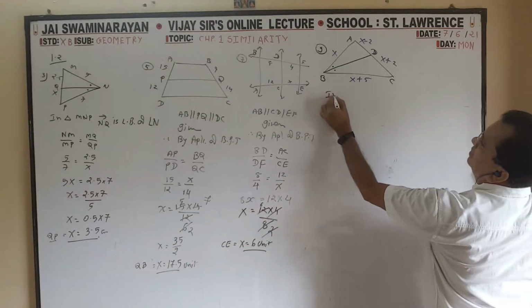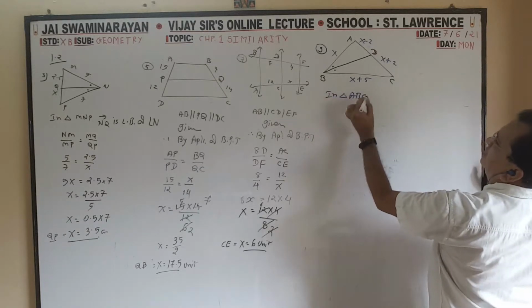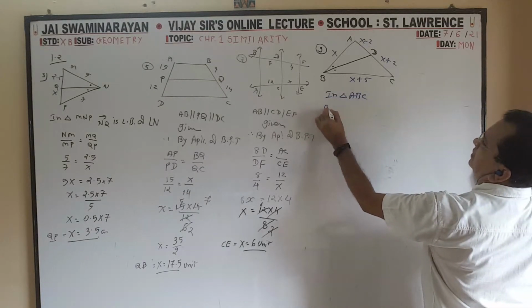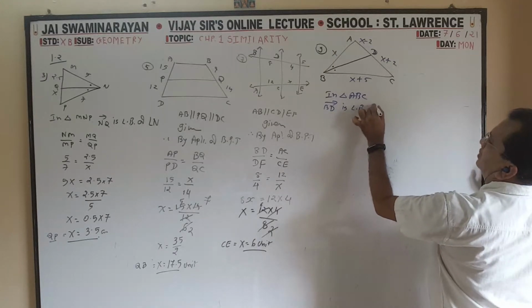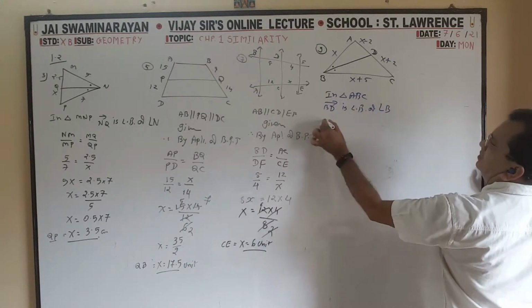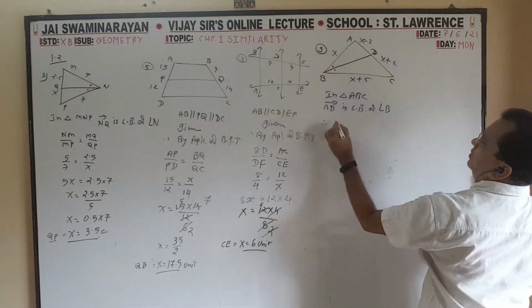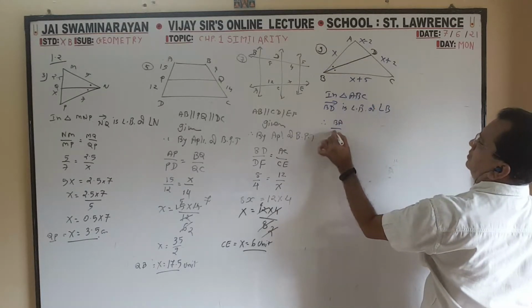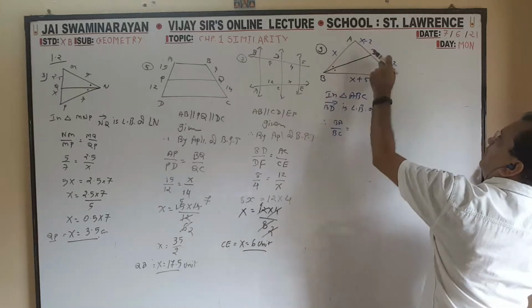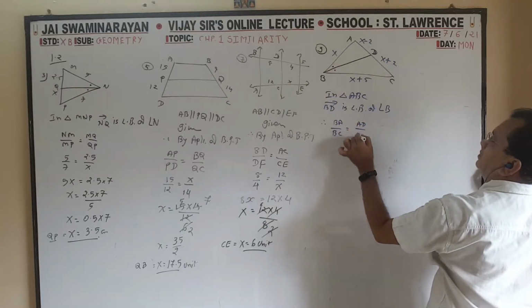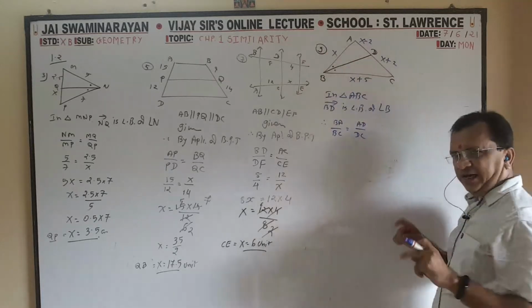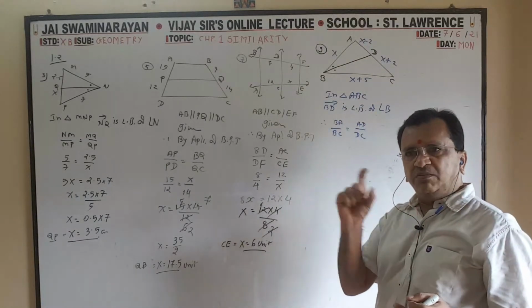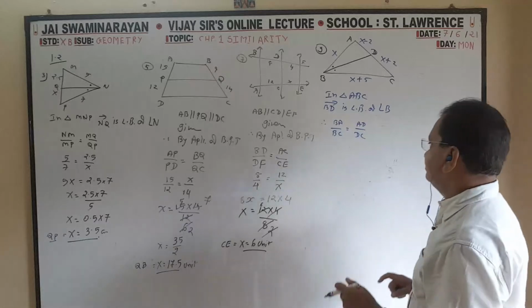Okay, now in triangle ABC, BD is angle bisector of angle B. Upper by lower, same upper by lower. You can take BC by BA, DC by DA, like that. Okay, but both the sides same rhythm.